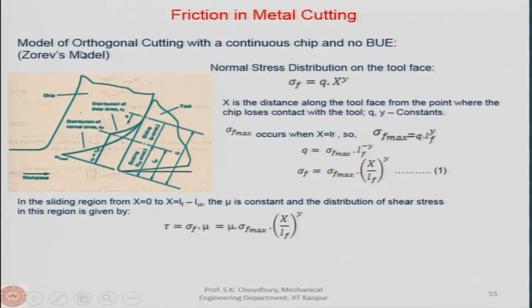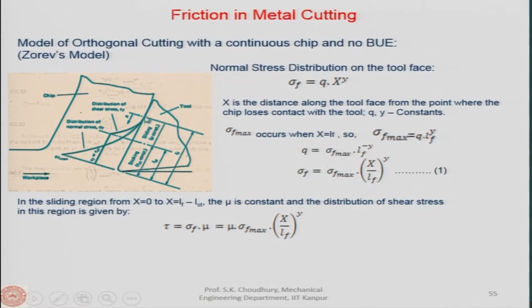What Dr. Zorev's model says is about the normal stress distribution on the tool face. First of all, let us see this diagram. This is the tool, and this is the workpiece. Here is the chip flowing along the rake face of the tool, and let us say at this point the chip loses contact with the tool.